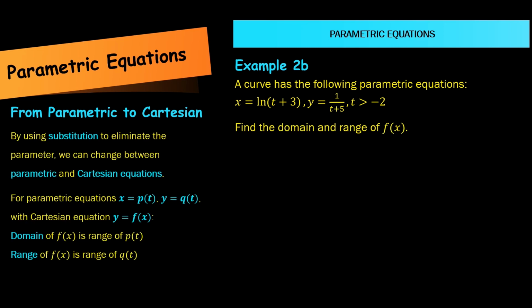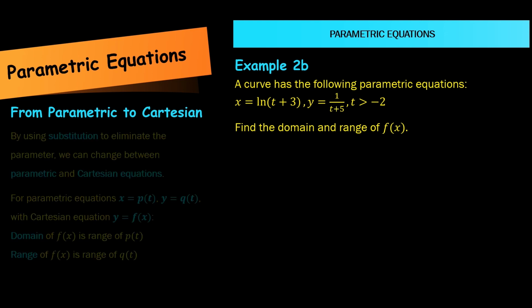Now let's take a look at part B. Using the same parametric equations, we are required to find the domain and range of f of x. So let's solve this. Now from part A we have that y equals 1 over (e to the power x plus 2).